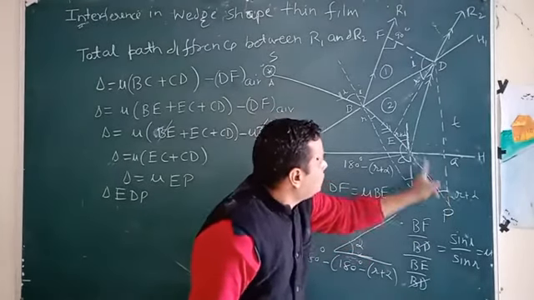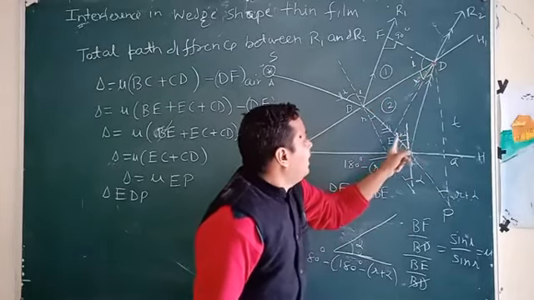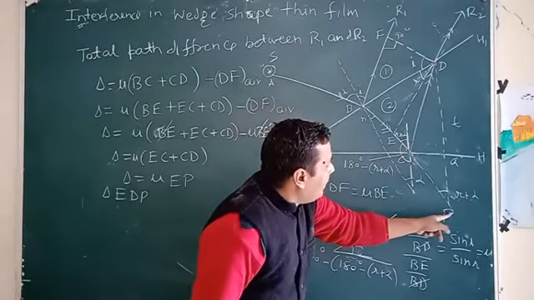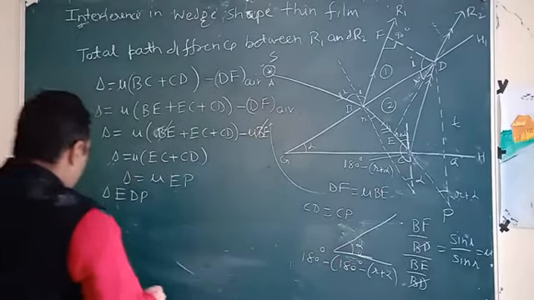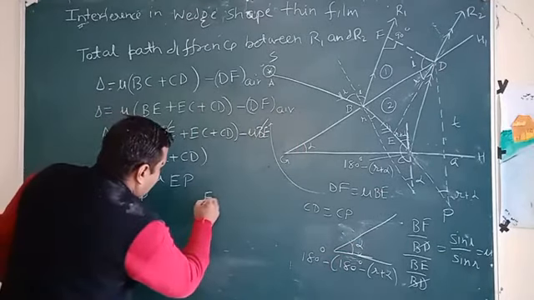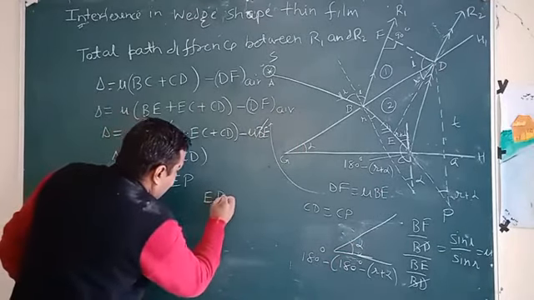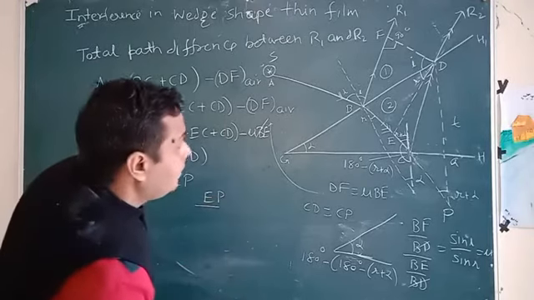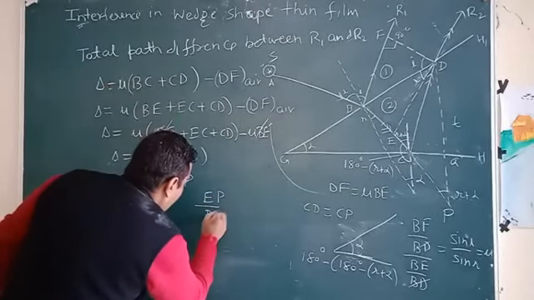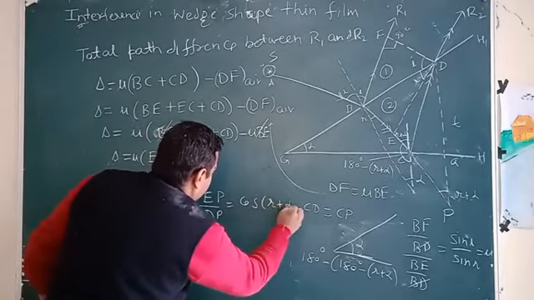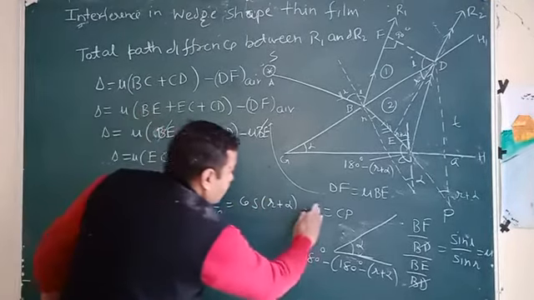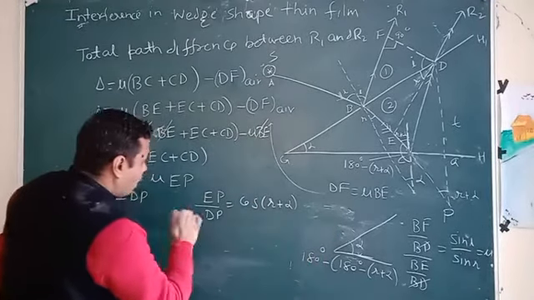Now our aim is to calculate this B, E and P. So this is R plus alpha. What is EP? EP is equal to DP cos(R plus alpha).